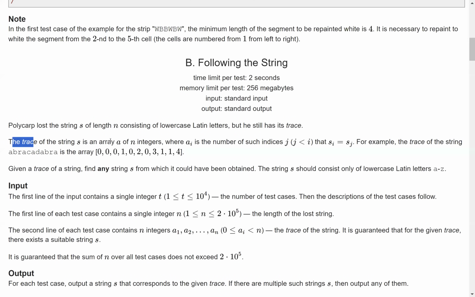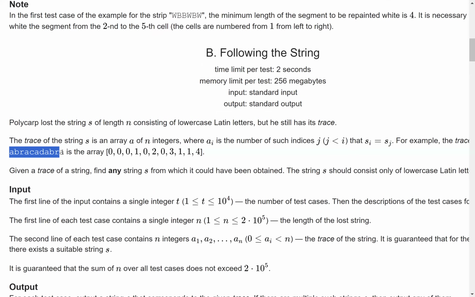A trace of the string s is an array a of n integers, where the ith element of the array, a_i, is the number of indices j smaller than i where s_i is equal to s_j. For example, if you have been given a string like abrac, for every index, just look at it.